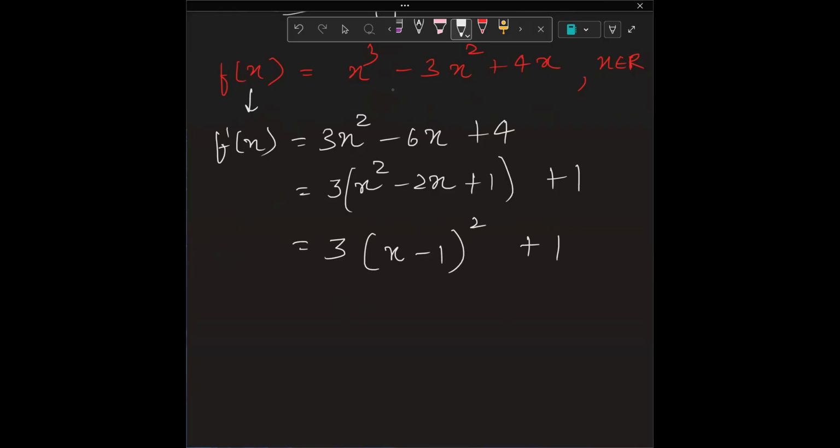Okay, now tell me, does there exist any value of x for which this answer can be negative? Is there any value of x belonging to real numbers? x की कोई ऐसी वैल्यू हो सकती है जिसपे आपका ये जो फंक्शन डेरिवेटिव है वो नेगेटिव आ जाए?